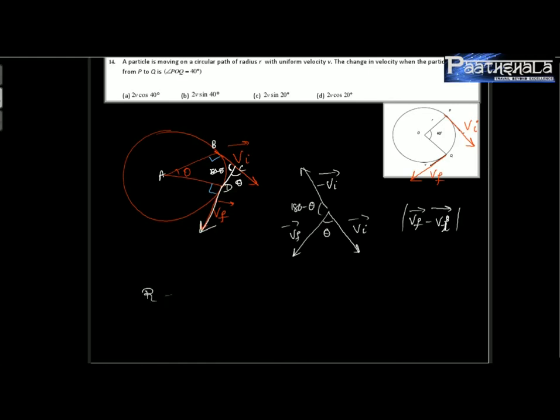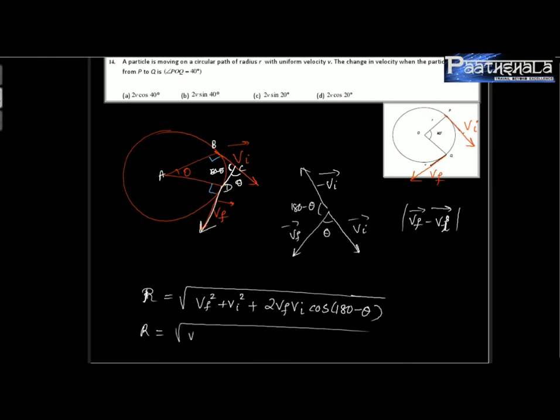So the resultant shall be given as under root of Vf square plus Vi square plus 2 Vf Vi cos of 180 minus theta. So R is equal to under root V square plus 2V square cos of minus theta.